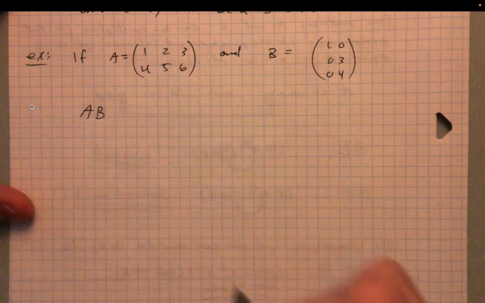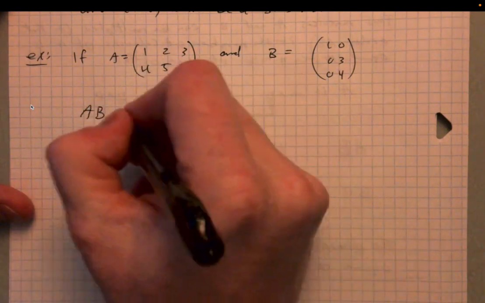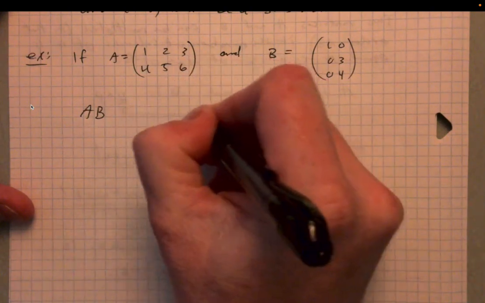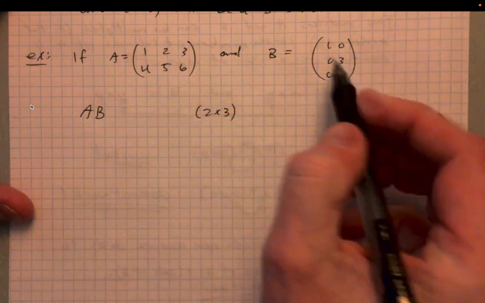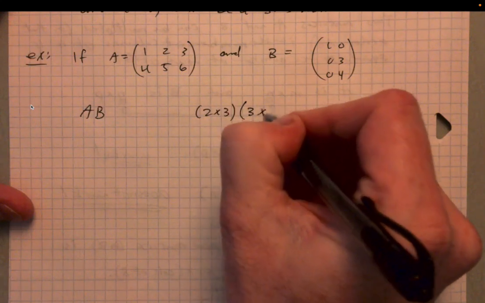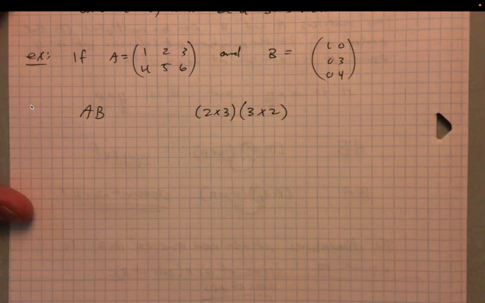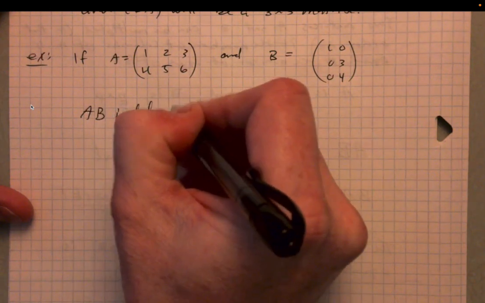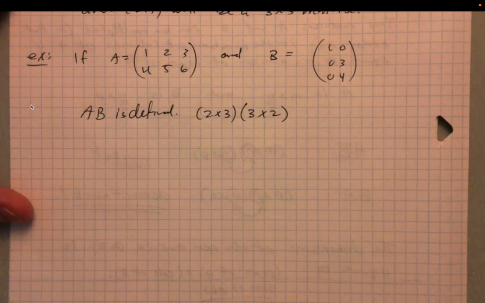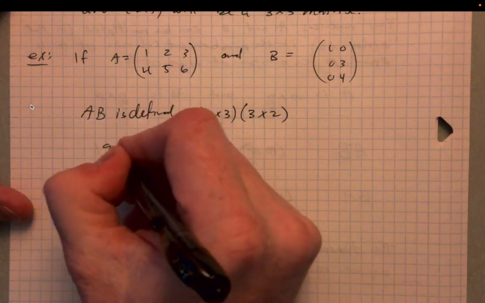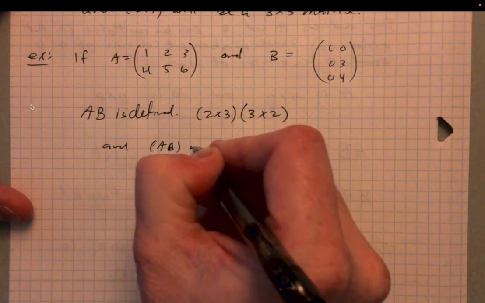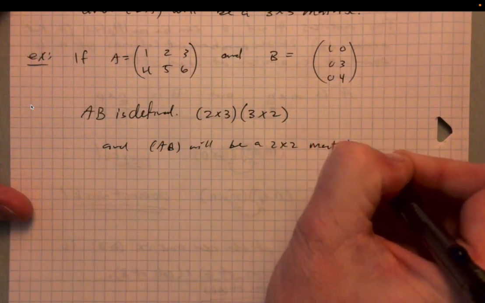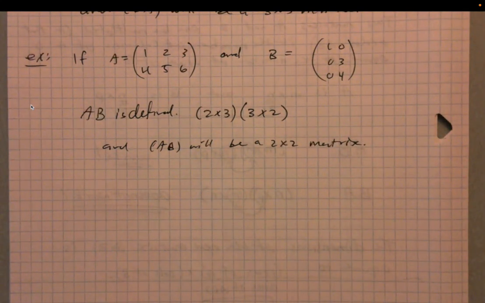A is a 2 by 3, and we're trying to multiply that against a 3 by 2. This is exactly the case we just saw, isn't it? So AB is defined, and the product will be a 2 by 2.